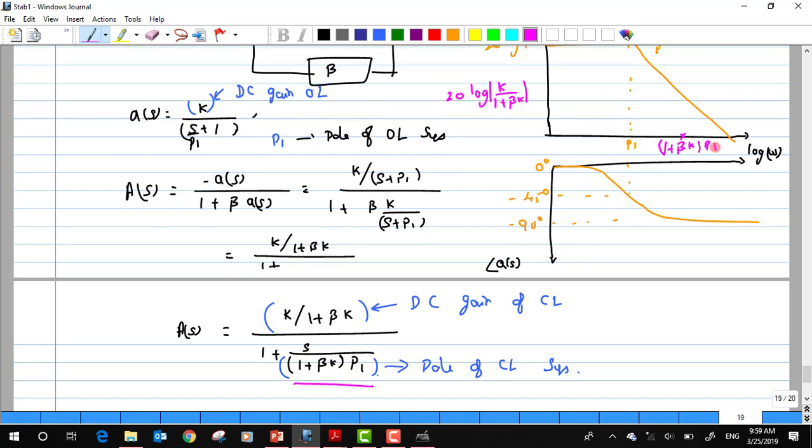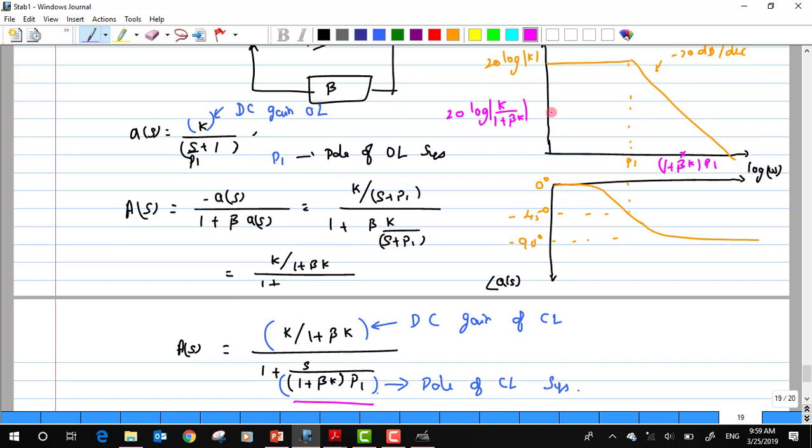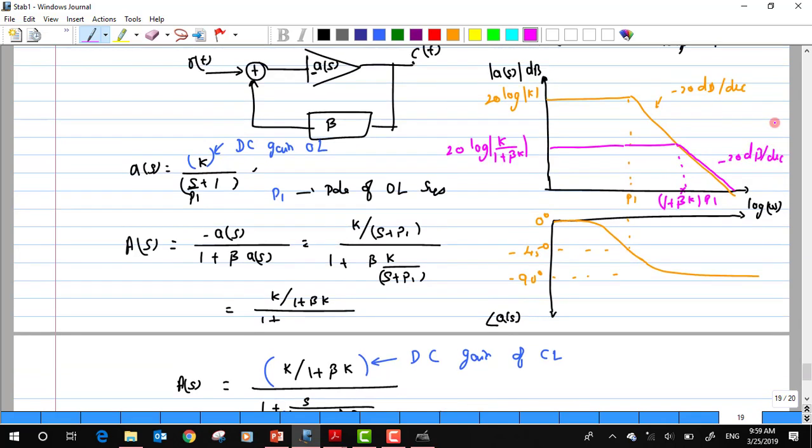Okay, and now when I try to draw the magnitude plot, I go all the way here, and after this I start following this minus 20 dB per decade. Okay, and this is what is happening to my closed loop magnitude plot.